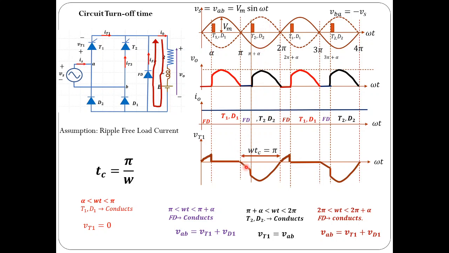In case alpha is more than 90 degrees, then you need to be very careful. You need to draw a graph and find it out, as that depends on alpha also. Of course, for alpha less than 90, it is always equal to Vm. So the peak inverse voltage across each thyristor is the same as Vm.